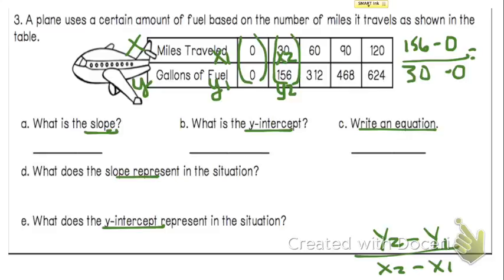So that means that my slope would be 156 over 30. And if I reduce 156 over 30, I'm going to get 5.2. So that means that my slope is 5.2.